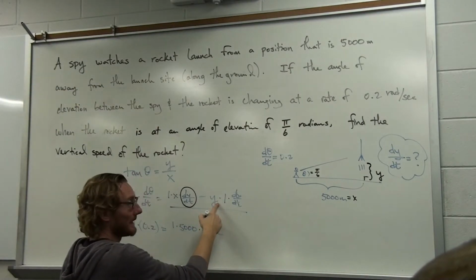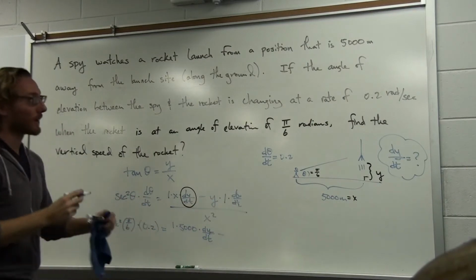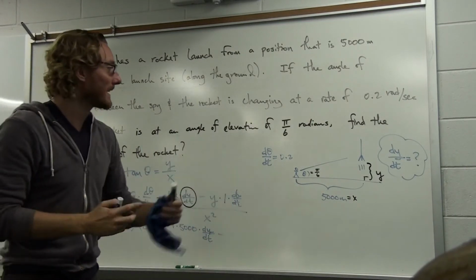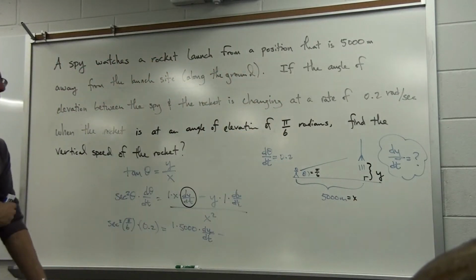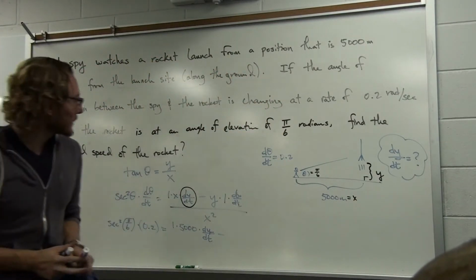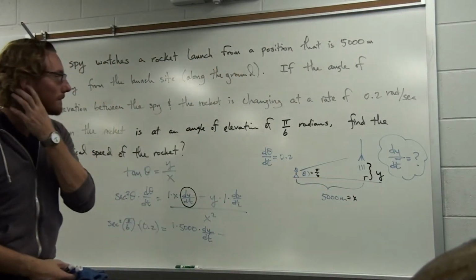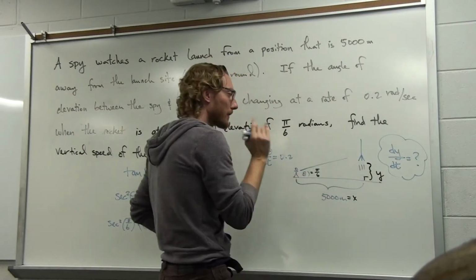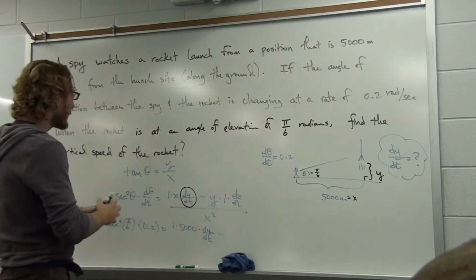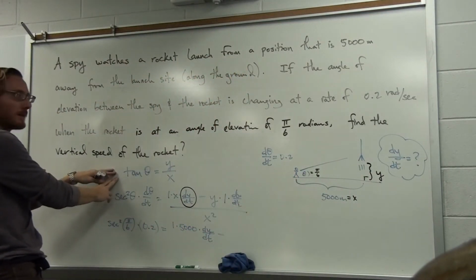What is y? Now that's going to take a little bit of work, because we don't know what y is exactly. We know we're 5,000 meters away. We know our angle of elevation is pi over 6, but what is our y? Now, if we need to know y is not a statement related to calculus, that's just the good old-fashioned variable. We could go to our original relation.